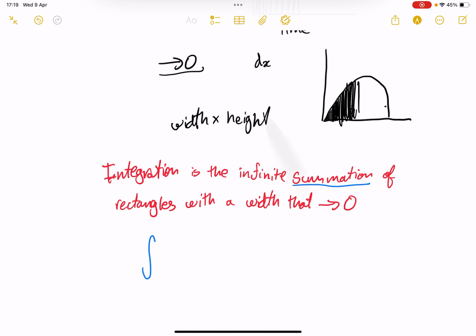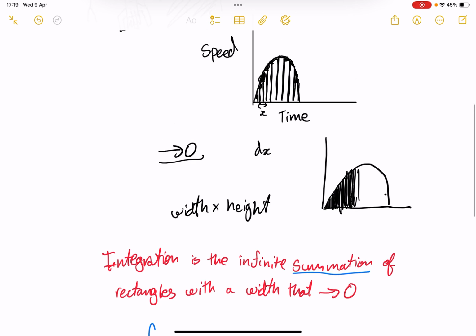But what exactly does that mean in a scenario where we have a graph? As we already defined in integration, the width would be dx, approaching 0. But what about the height? For the height, you'll notice that the height can actually be represented as f of x, assuming we're using the variable x, right? And the reason it's f of x is because the height is simply what you get from the function itself.